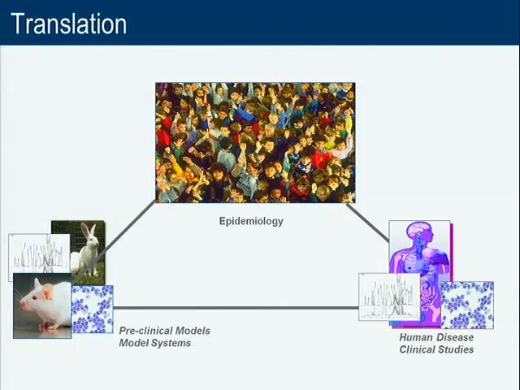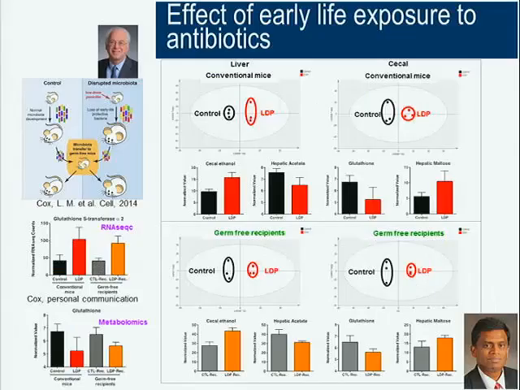In addition to human subjects, we do a lot of work in animal models, and the study that I've selected to show here is some work that we've done with Martin Blaser, who's at New York University Medical Center. In this study we're looking at samples that he's provided from mice that have been exposed to subtherapeutic doses of antibiotics.